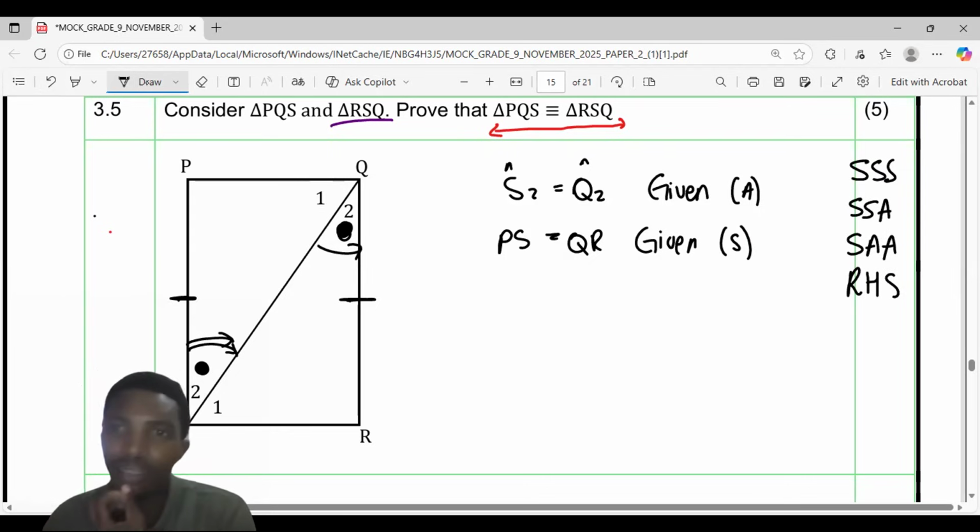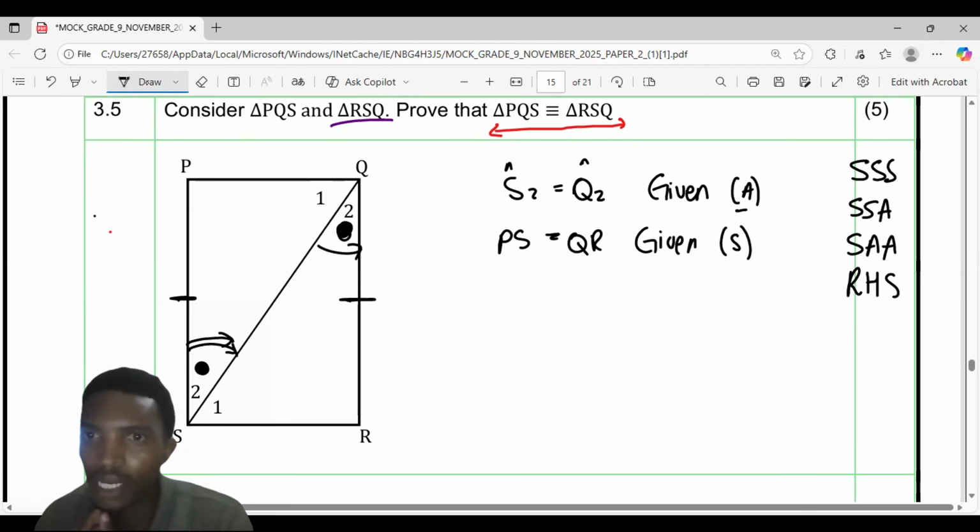So at the moment we have one angle and one side, meaning we can either use this one or that one. But to use this one, we need another side. To use this one, we need another angle.